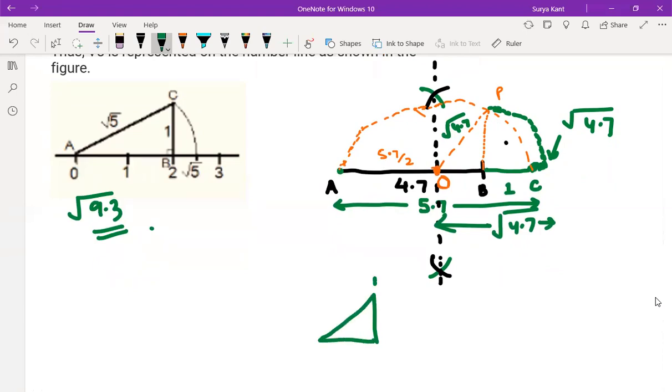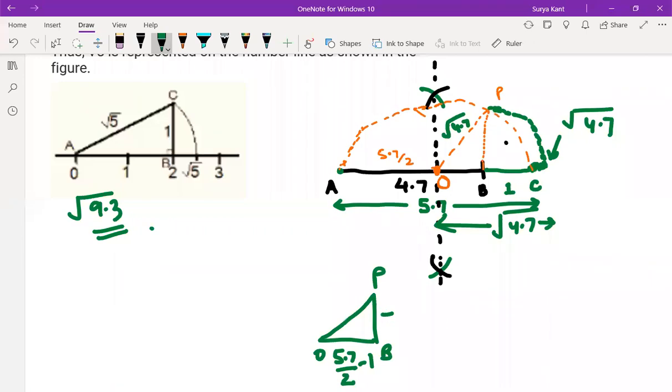This is P, this is B, this is O. To find this, this whole part is 5.7 by 2 minus 1.